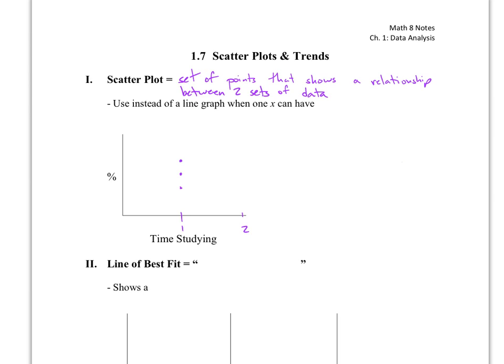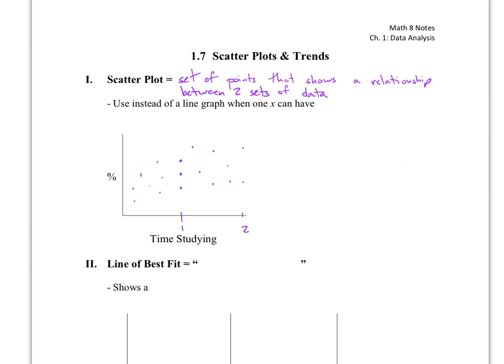Now, obviously, other people could study more, and we could have points all over the place, if those are all our people that studied and their test percentages. That's called a scatter plot.